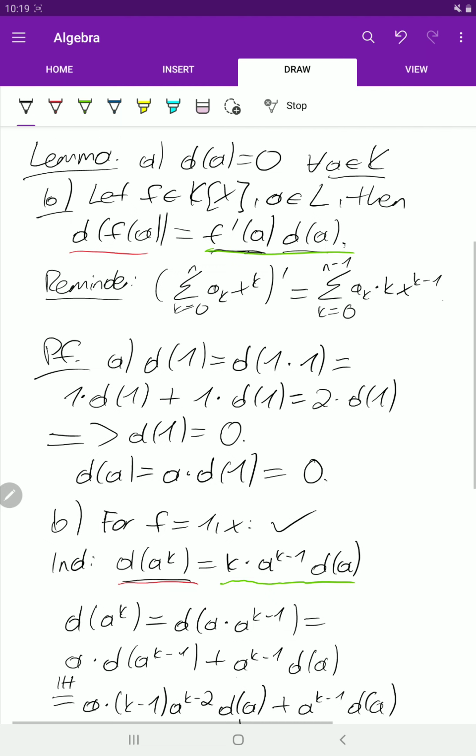Actually, when I first saw this, I found this a little bit surprising, because here we have a polynomial, and here we have the formal derivative, and then here we have just some arbitrary derivation.